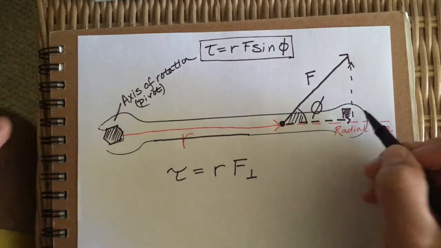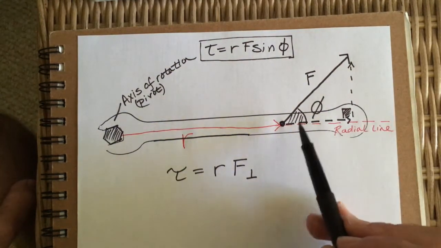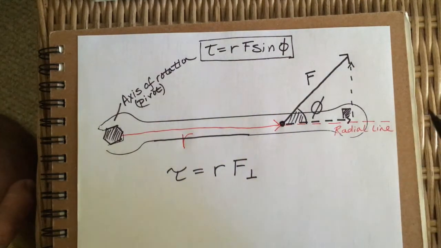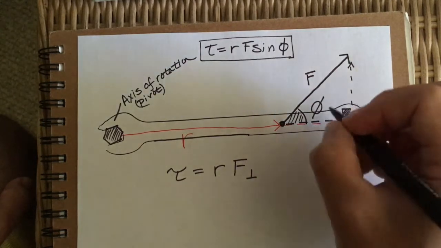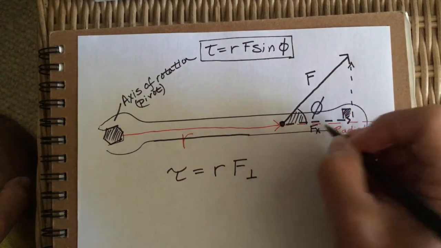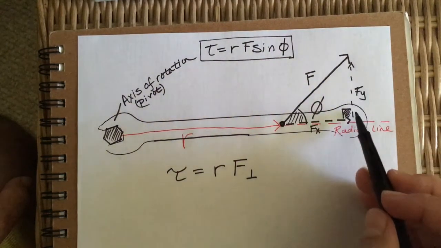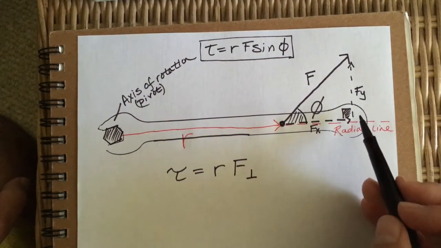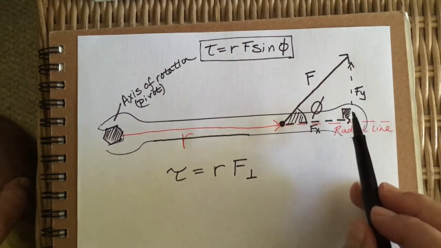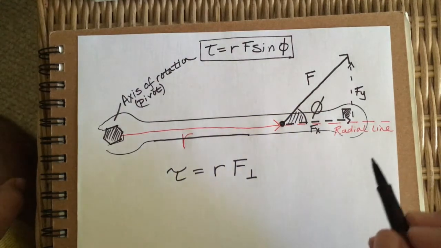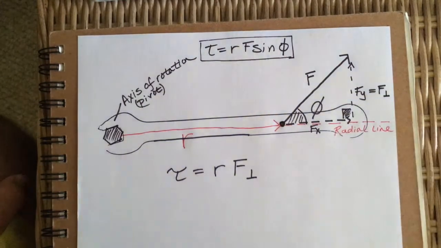But we don't really care about calling it, this is 90 degrees, Fx and Fy, right? What we're more interested in is which one of these, Fx or Fy, is perpendicular. And I guess I can label them Fx and Fy if it makes you happy. But which one of these is at a 90-degree angle to the radial line? And so it's obviously Fy, right? Fx would be parallel to the radial line. So because that's true, then we can say that Fy is also known as F perpendicular.